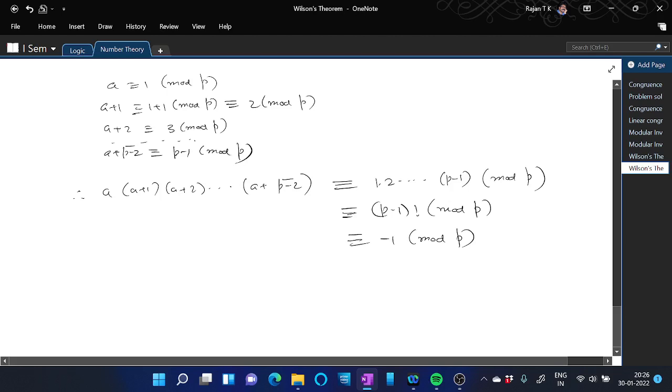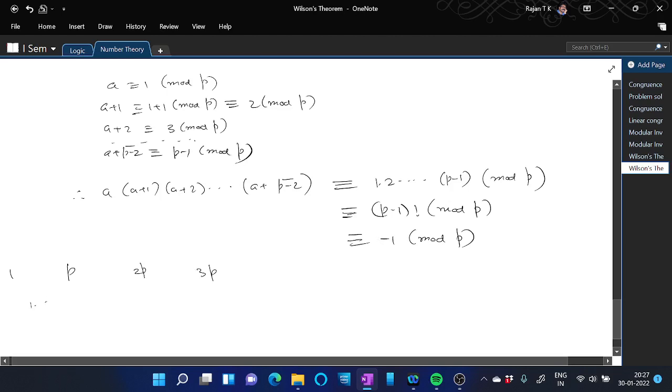This result actually says that the product of the consecutive numbers between any multiples of p, between 1 and p, p and 2p, 2p and 3p, is congruent to minus 1 mod p.